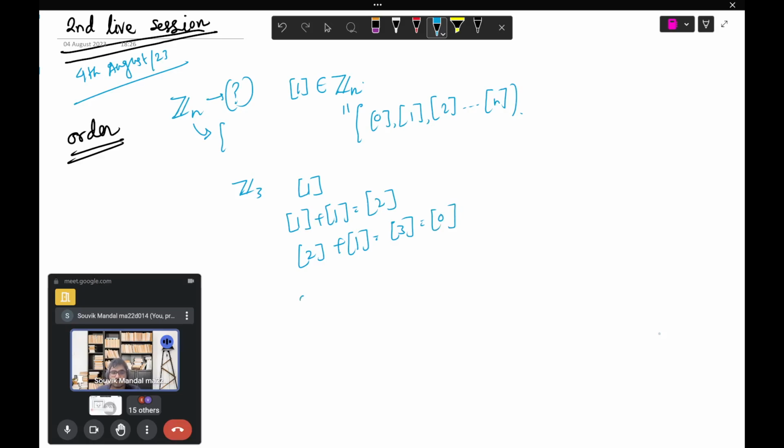So this tells us that the order of the element class 1 is 3. That is, if I add class 1 three times, we get 0 in Z3. So this is an example. One more example will be, let me think.